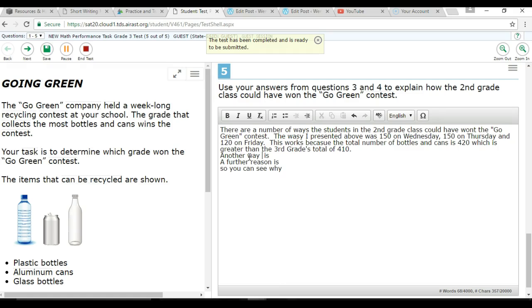Another way the class could win is the second grade class could win is to have 150, 150, and 111.